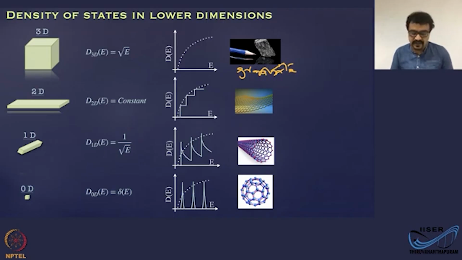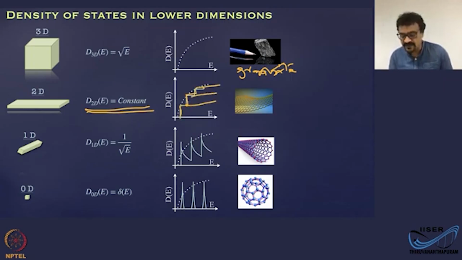For a 2-dimensional solid, by substituting the right kf and the right volume in the previous derivation, we can get that this density of states is actually a constant for every subband. These represent different subbands. So inside each subband, it is actually constant. For example, you can peel a sheet of carbon atoms from this 3-dimensional graphite, that is called graphene.